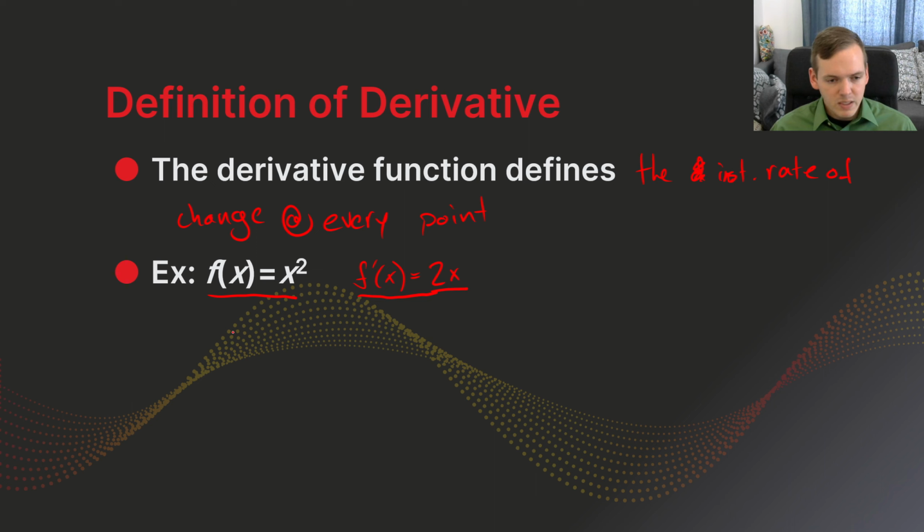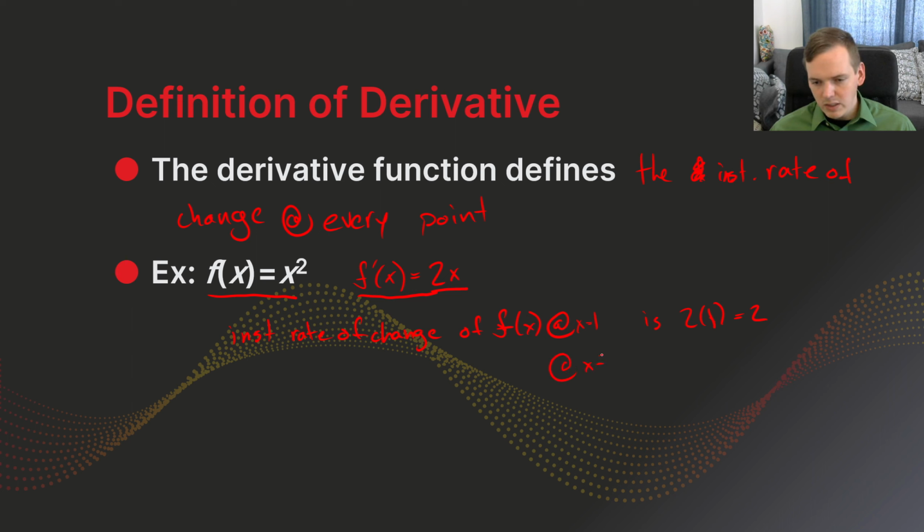So what this means is the instantaneous rate of change of f of x at, say, let's pick 1, at x equals 1, is 2 times 1, which equals 2.